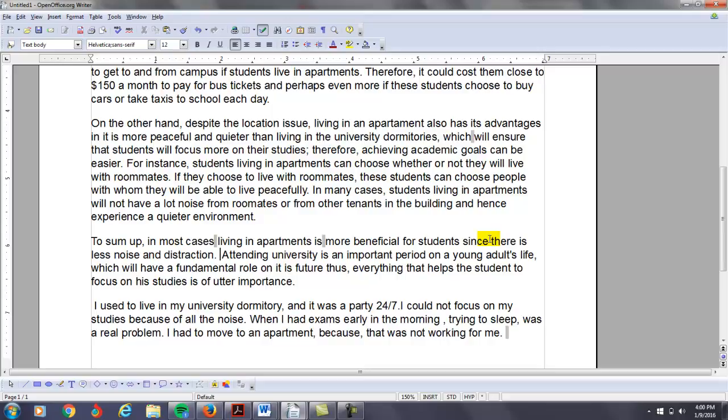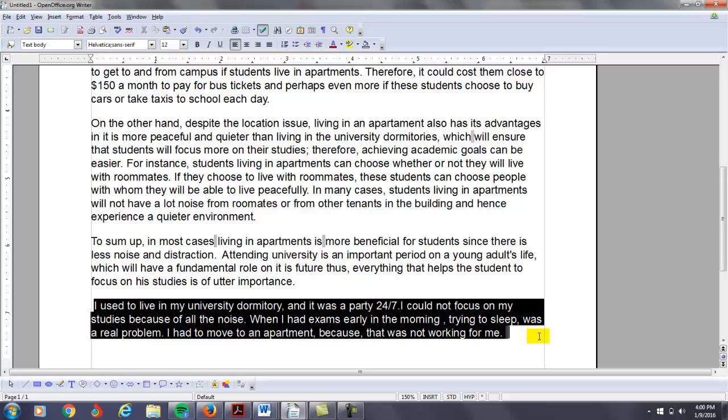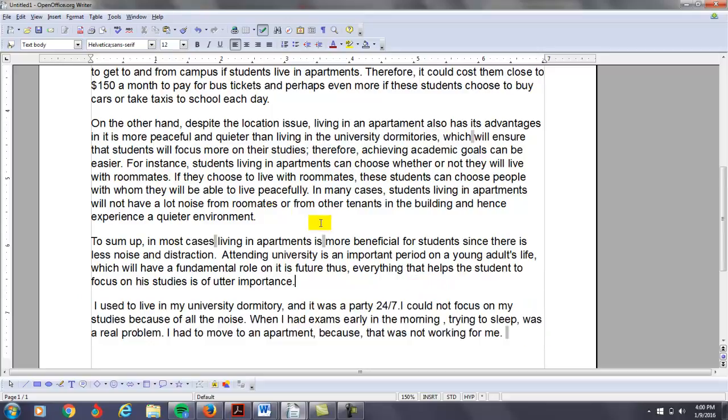You see, this is your problem with this paragraph. Remember, you have to look at where you put this. You put this in the previous paragraph, which it needs to be here. You didn't really have any specific example to support this idea.